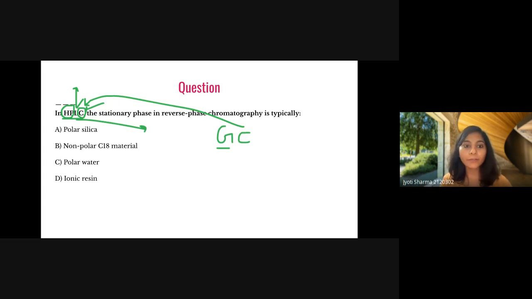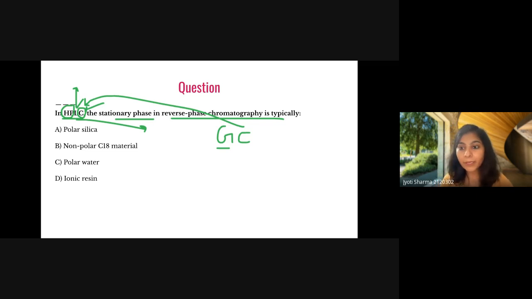gas chromatography. And you have to tell me the stationary phase in the reverse phase chromatography. It means in HPLC we also have different types of chromatography, and one type is reverse phase chromatography, and you have to tell me what will be the liquid stationary phase.